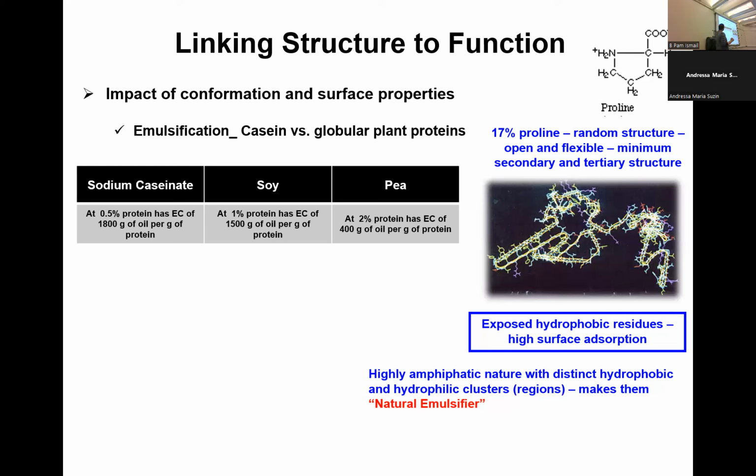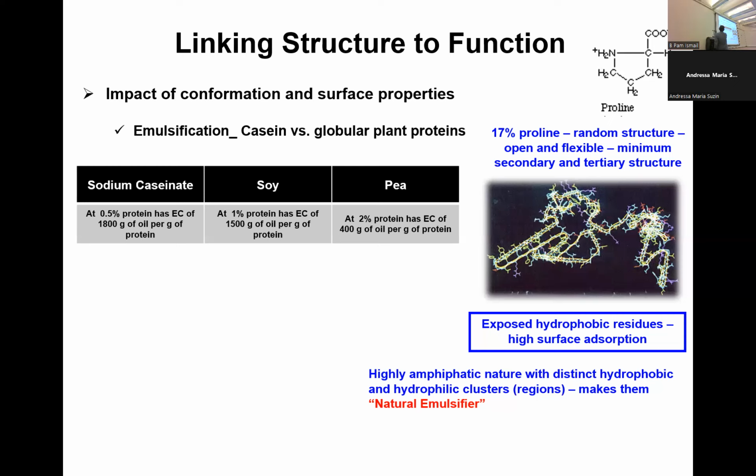Many of you have been doing emulsification capacity in the lab. We haven't done necessarily KCD, at least not this group of people. But when we're doing emulsion, you only need about 0.5% protein when you're using KCD to form a stable emulsion.